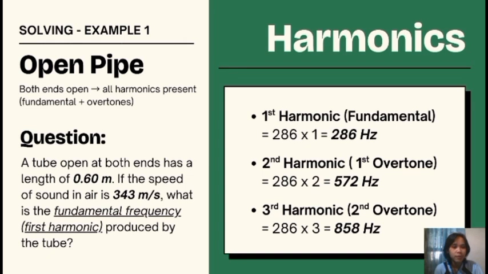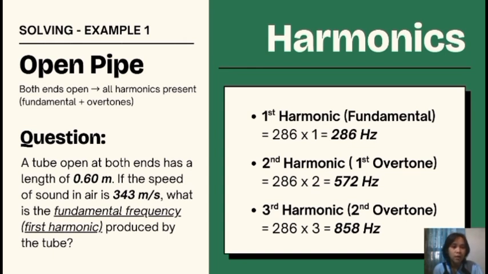The one we solved earlier serves as the first harmonic. If we need to solve for the first overtone, it is equivalent to the second harmonic. So 286 times 2 is equal to 572 hertz. So that is our first overtone.